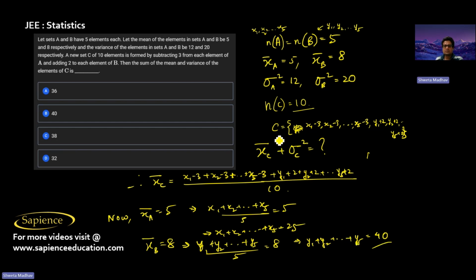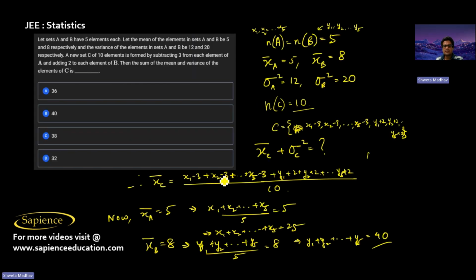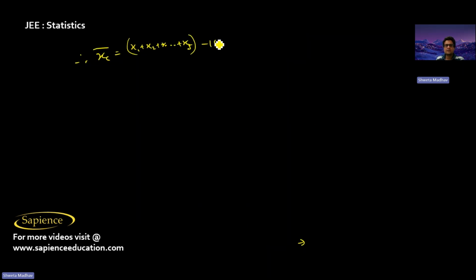Now the mean of all the elements in C is x1 + x2 + ... + x5, then 3 is subtracted 5 times, so minus 15, plus y1 + y2 + ... + y5, and 2 is also added 5 times, so plus 10, divided by 10.